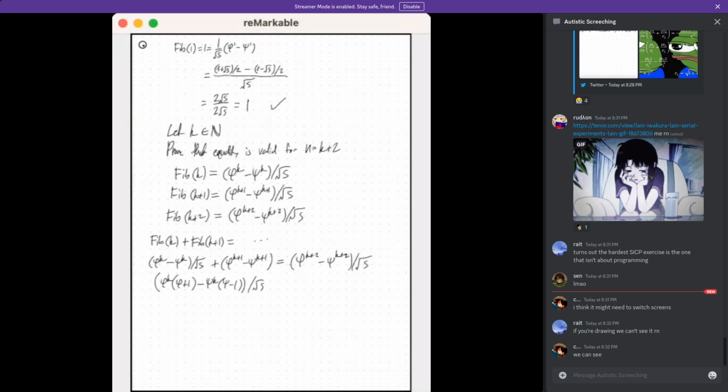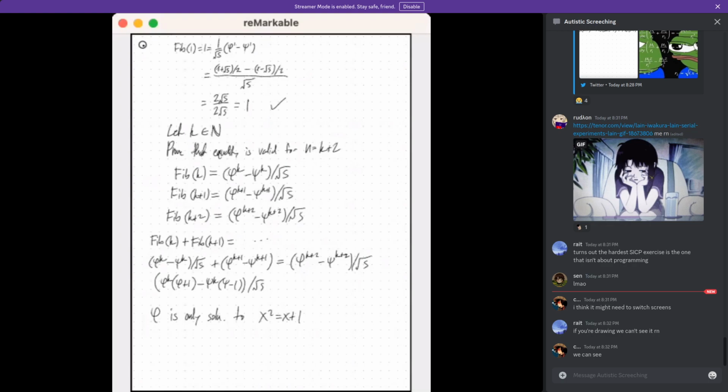So the interesting part about this number phi here is that phi is the only positive solution to this expression where x squared equals x plus 1. That's kind of how we define the golden ratio here.